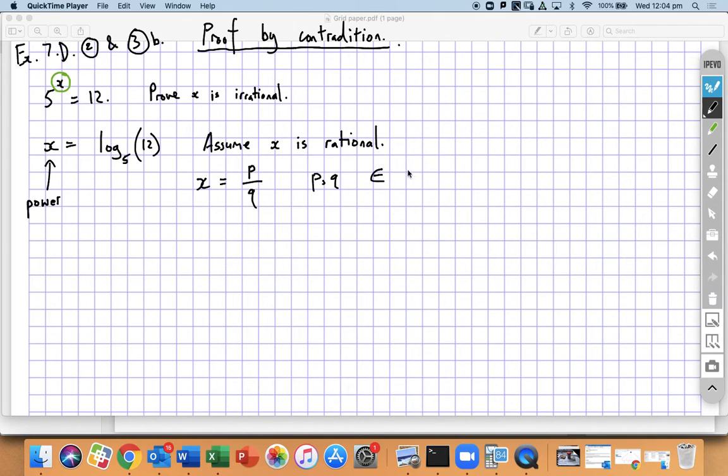So they belong to the set of integers. We could say this fraction is irreducible, although for this proof it doesn't matter as much. We need to say that p and q are not equal to 0. That's probably enough for this proof here.